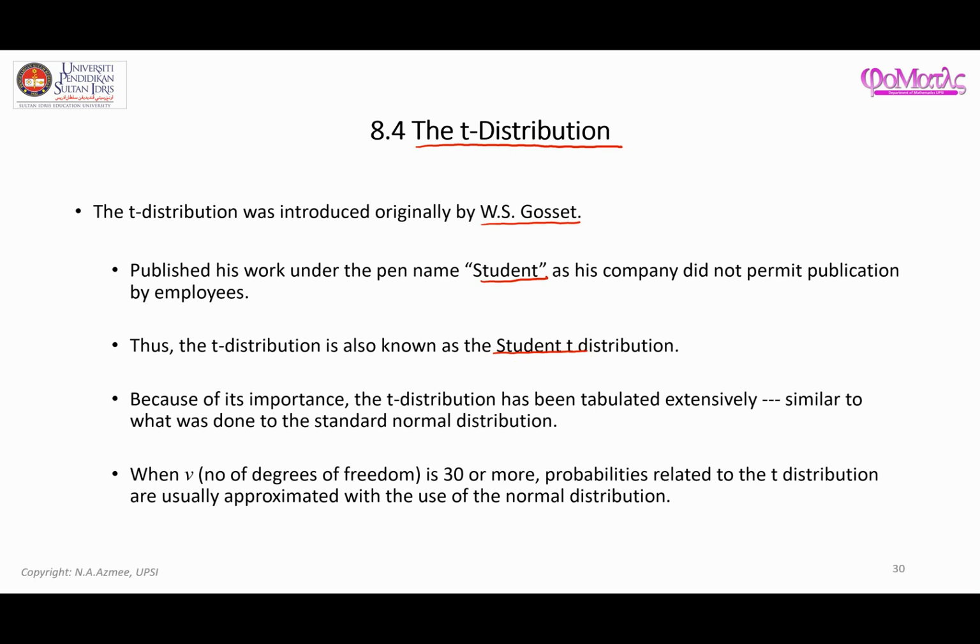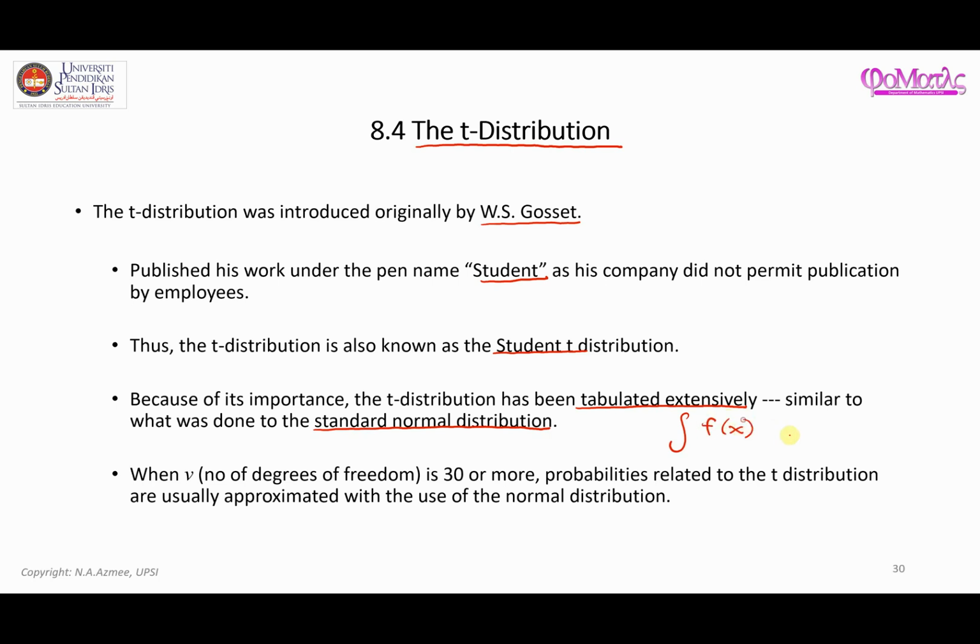Because of its importance, the t-distribution has been tabulated extensively, similar to what you have seen in the standard normal distribution table. The good news is, by having the results in a table, we don't have to resort to the integration process. You don't need to integrate the probability density.